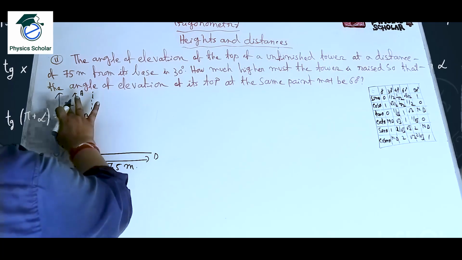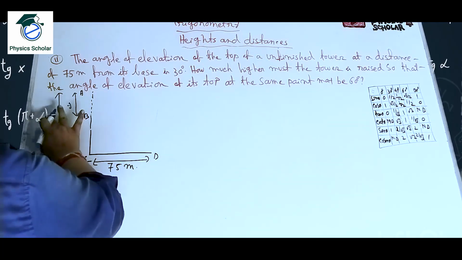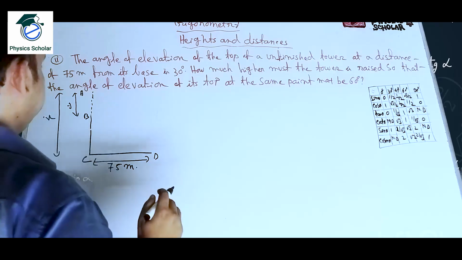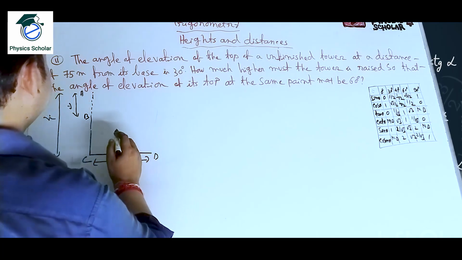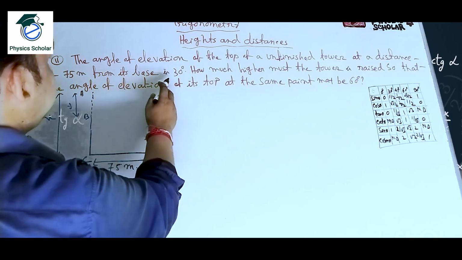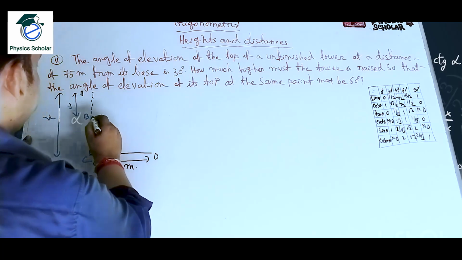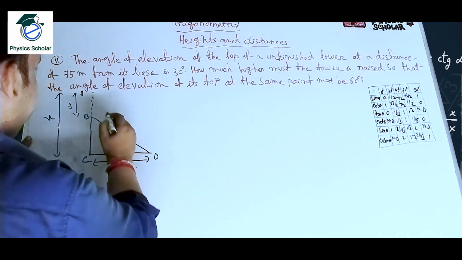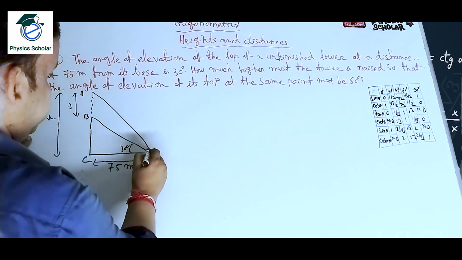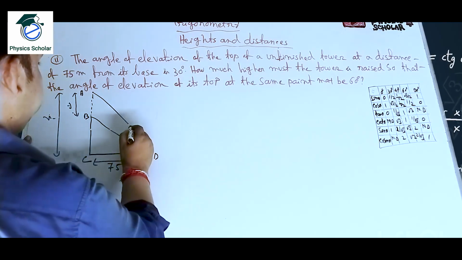Or this height is y, the total height is x. Clear? Now see from this point the angle is 30 degree to the unfinished tower. And this is 30 degree and this will be 60 degree.